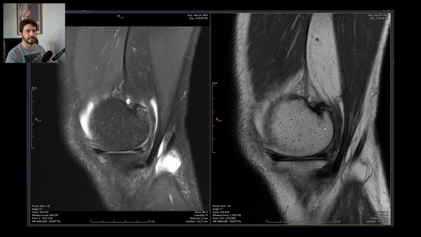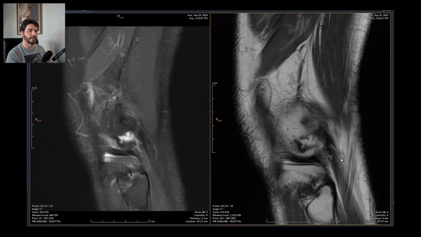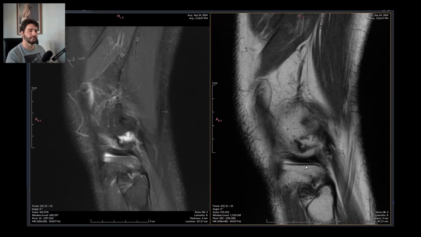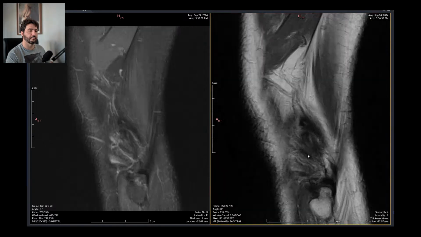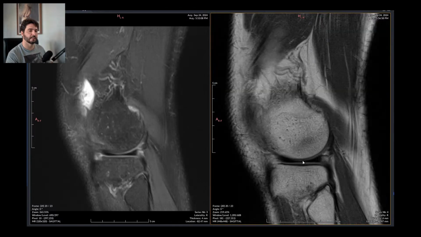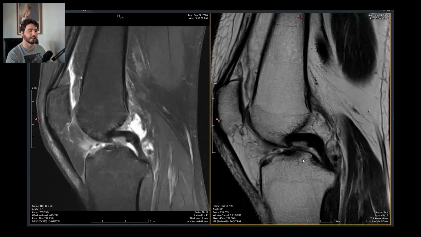I can readily say the same about the femoral tibial, medial femoral tibial compartment right there, and not as much about the lateral femoral tibial compartment. This is the fibula, so this is the lateral compartment. So I have arthrosis.